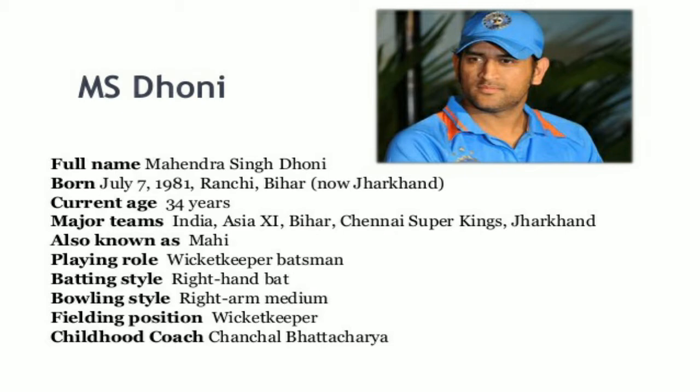Born on 7 July 1981 in Ranchi, Bihar, now Jharkhand. His current age is 34 years, and his major teams are India, Asia, Bihar, Chennai Super Kings, and Jharkhand. He is also known as Mahi, and plays as a wicketkeeper and batsman.